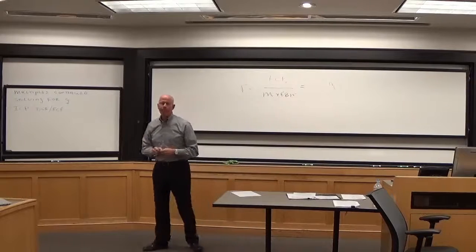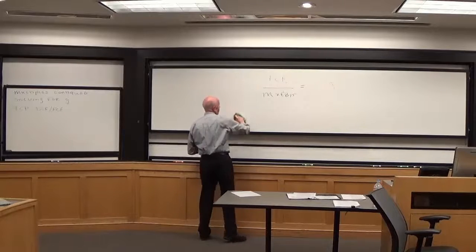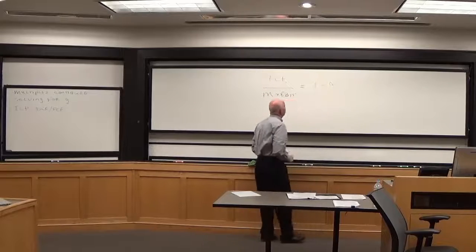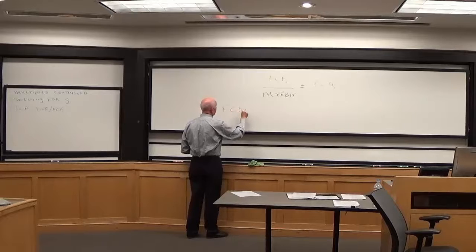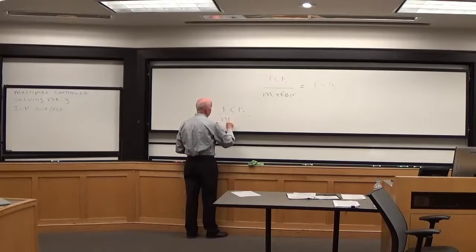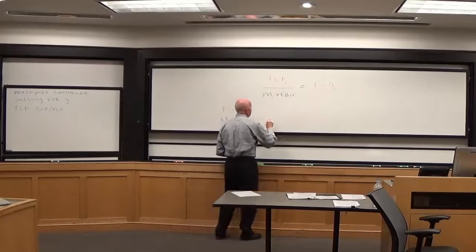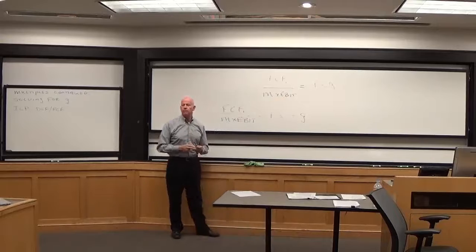Let me walk it through step by step, so you get it. Instead we can say FCF1 divided by m times EBIT minus r equals minus g. That's where we're about to head, right?